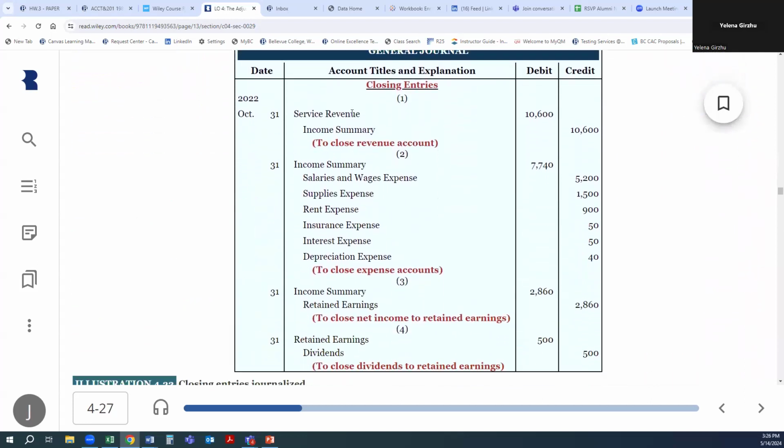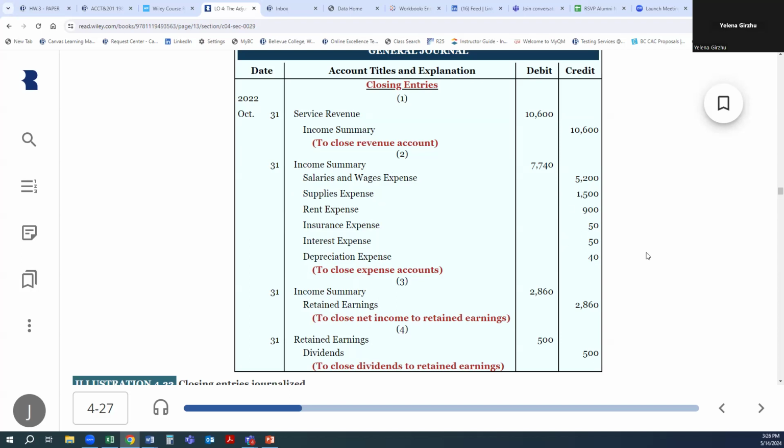So this is the summary in your textbook, page 427. Normally, these closing journal entries are a little tricky because they're kind of the opposite of how you learned the normal balances. We say, service revenue had a credit balance. We're going to write it off to 0, so we're going to debit it.